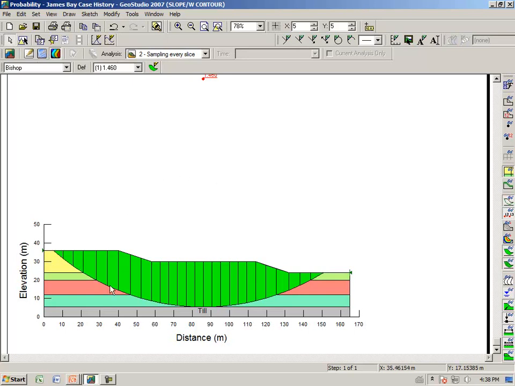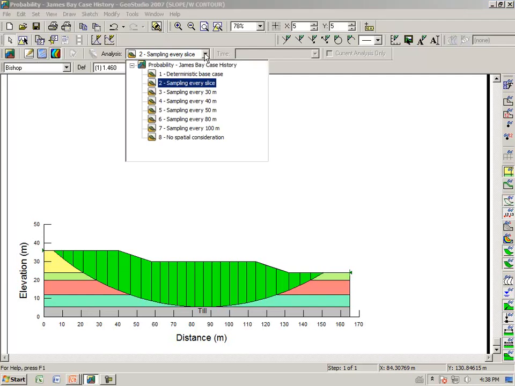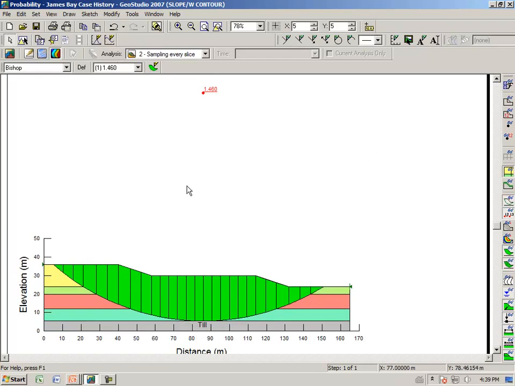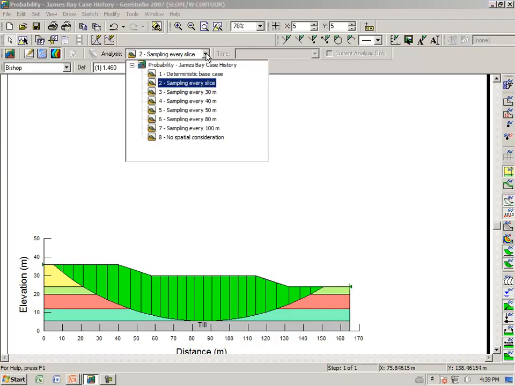So how often should we sample the strength? Well, another alternative is, as we show here, sampling every slice. Now, if we throw the dice, so to speak, for every slice and determine a new strength for every slice, interestingly enough, the solution tends toward the deterministic case, which also doesn't seem realistic.